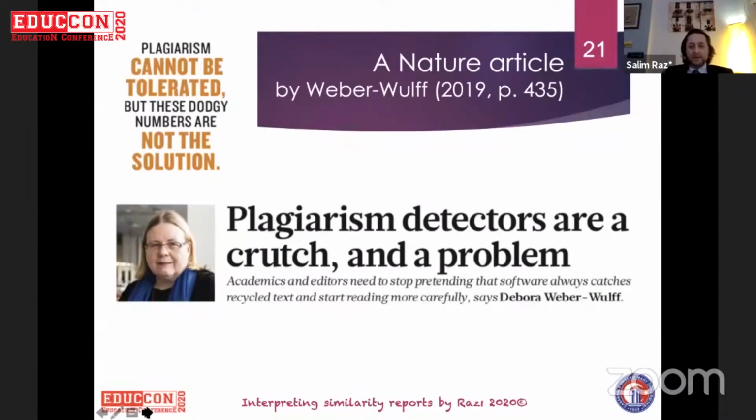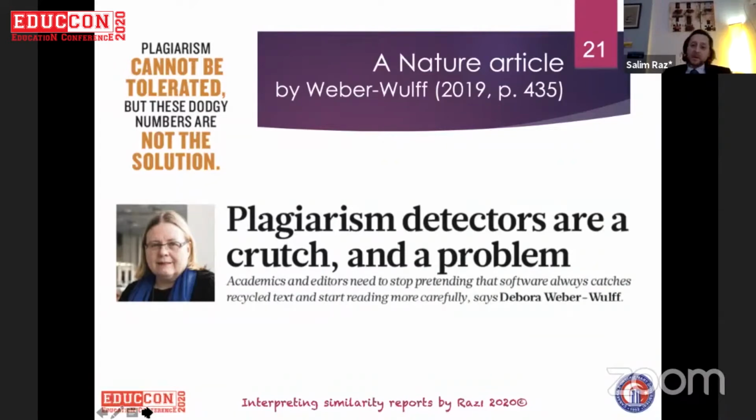And unfortunately, academics or institutions give priority to these ratios. However, this is not the case. Ratios might give you some idea about the paper, but they are not evidence any time. We need to check every individual match within the paper in order to realize whether it is plagiarism or not.